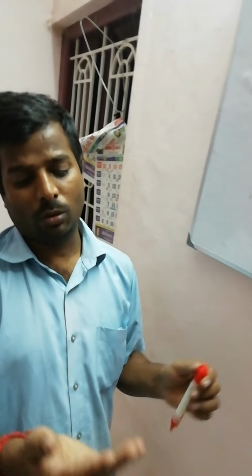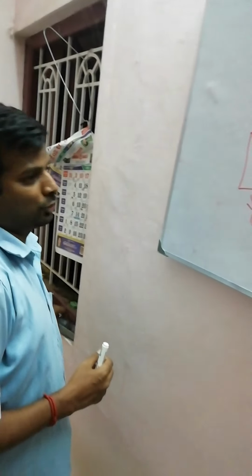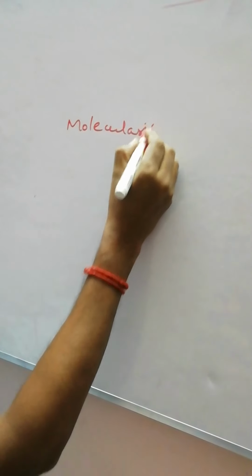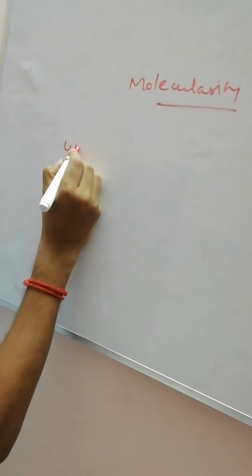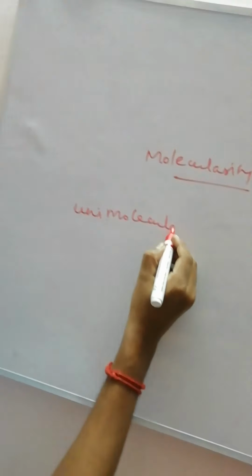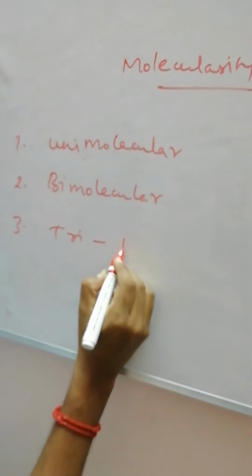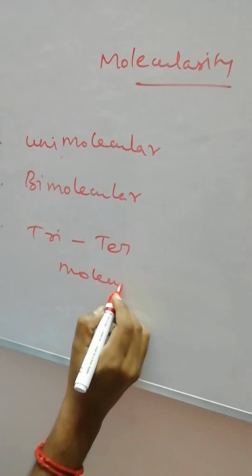Molecularity means atoms, ions or molecules colliding with each other at speed to give molecules. Atoms or ions combine together to form molecules. Molecularity is divided into 3 types: unimolecular, bimolecular, and trimolecular or termolecular.